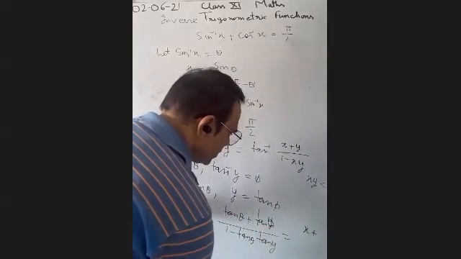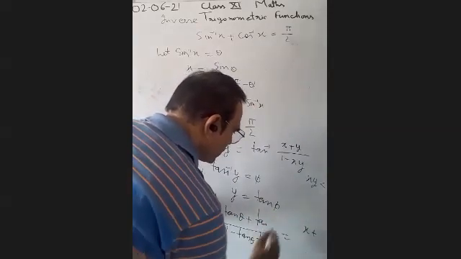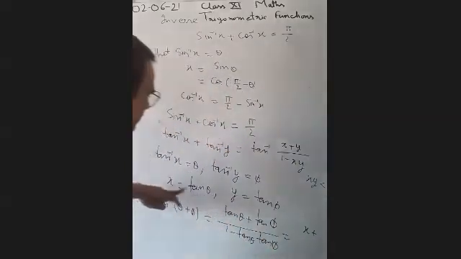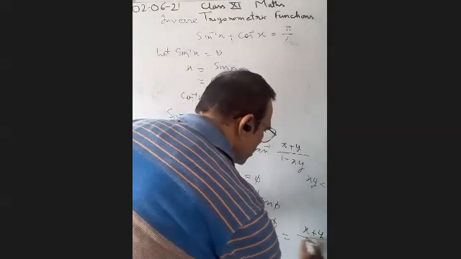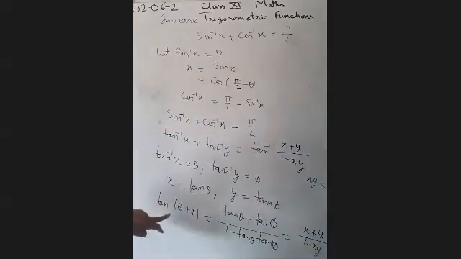In place of tan theta we can put x, and tan phi is equal to y, upon 1 minus xy. This tan we have to take to the right hand side.